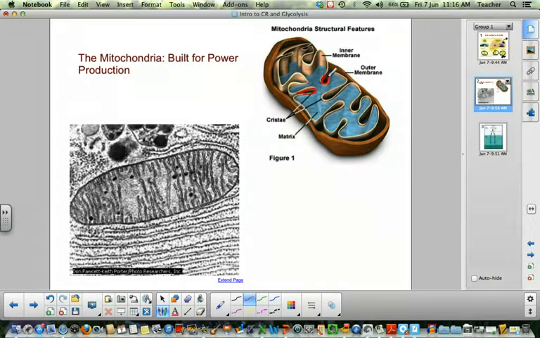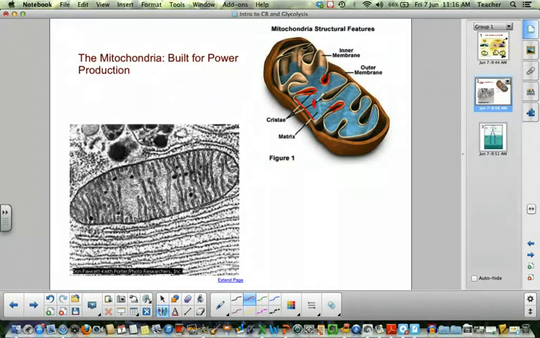They're called the cristae. Notice that these areas out here are just kind of straight. Not as much happens in those areas, but in these folds, the cristae of the mitochondria, is where most of the oxidative phosphorylation happens.